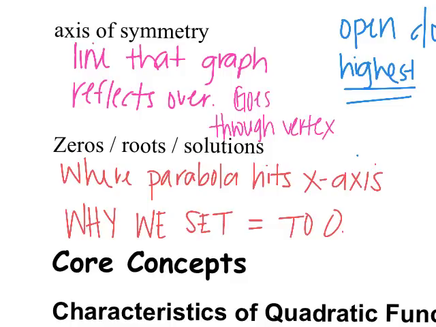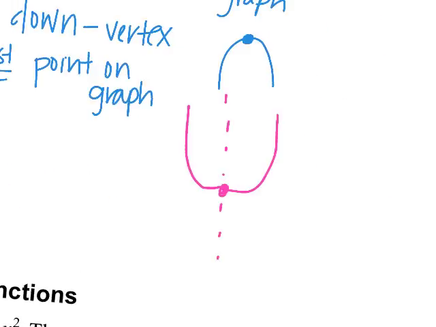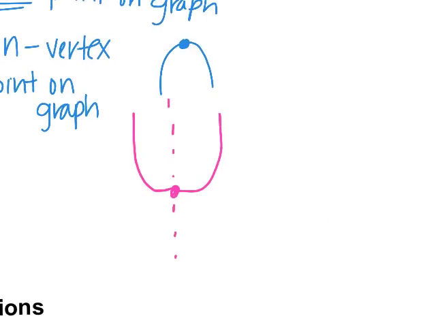So if you want to think about this, we're going to draw a picture that has all of the stuff in it. All right. So we have our vertex, right? So let's just start with vertex. What other things do we need to have? So this is our vertex. What other words did we learn?